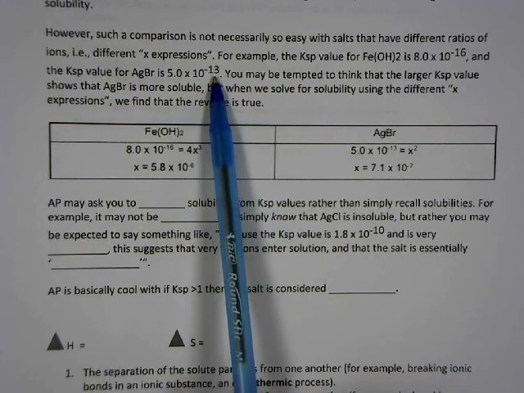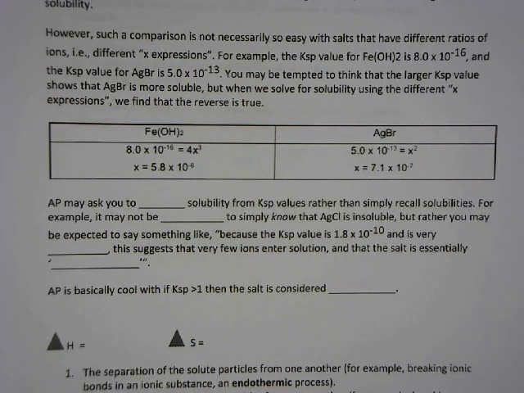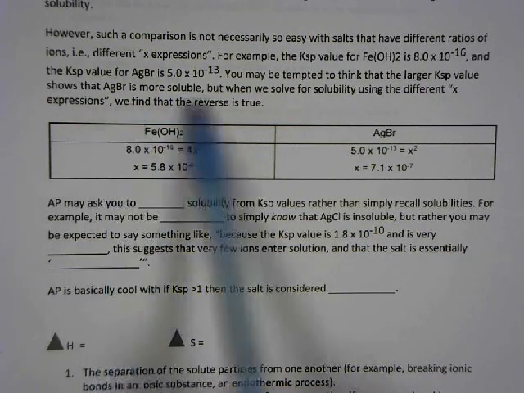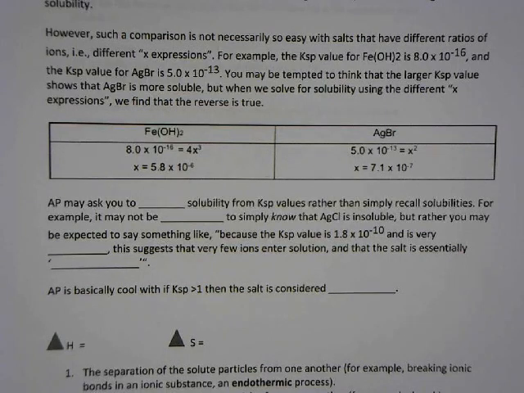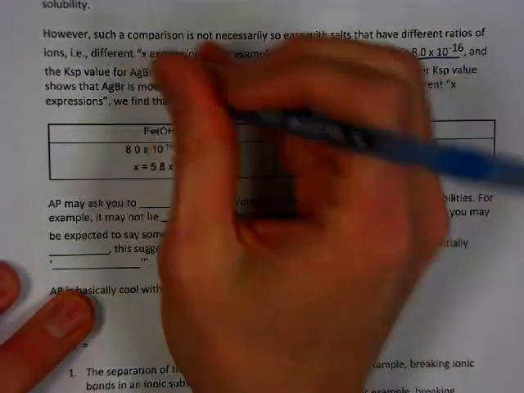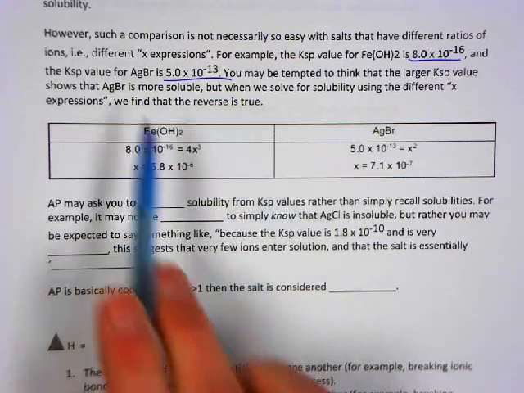So the KSP for Fe(OH)2 is 8.0 times 10 to the negative 16th, and the KSP for AgBr is 5.0 times 10 to the negative 13th. You might be tempted to say that AgBr is more soluble, but we don't know that. You can only compare the solubilities if they're both 1 to 1.